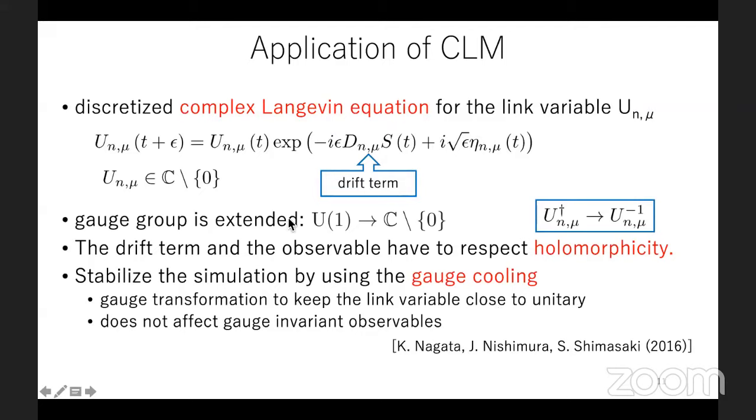As I said, the gauge group is now extended, so there is an extra degree of freedom in each link variable. So we can consider the gauge transformation for this extended group, for the extended direction, and we can reduce the non-unitarity as much as possible. But an important point is that this method does not affect the gauge invariant observable. So we can trust the result of the simulation.